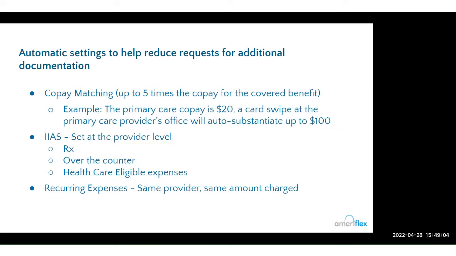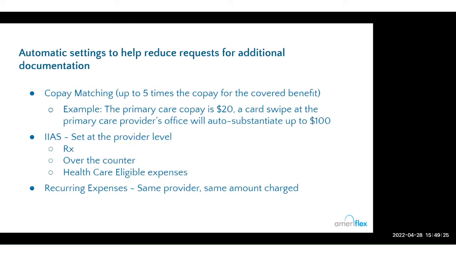They're copays. So moving from April 1st forward, if you swipe your card at a doctor's office, it should be for a copay amount. If you're swiping your card at the doctor's office and it's for a co-insurance amount from the prior plan year, there's a couple of things that are going to happen there.